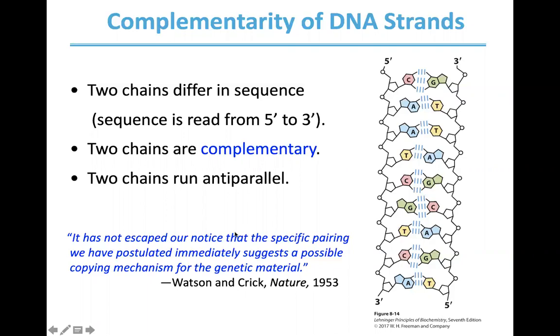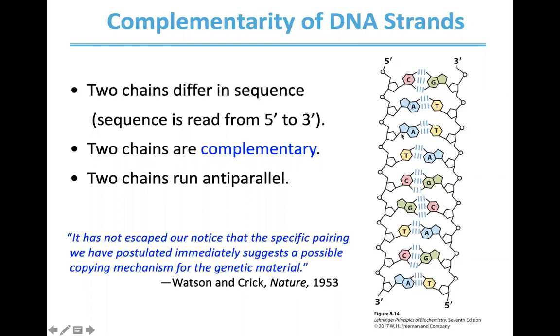So this immediately suggests a possible copying mechanism for the genetic material, right? If you use the left strand as the template, then you will create the copy of the right-hand strand. And if you use the right-hand strand, you will create a copy of the left-hand strand.